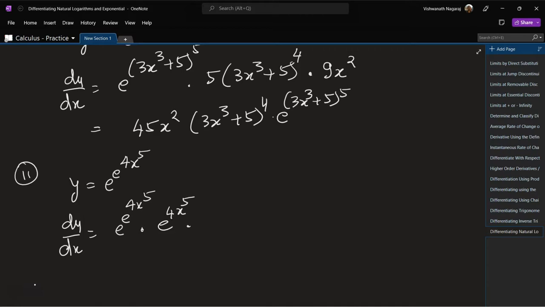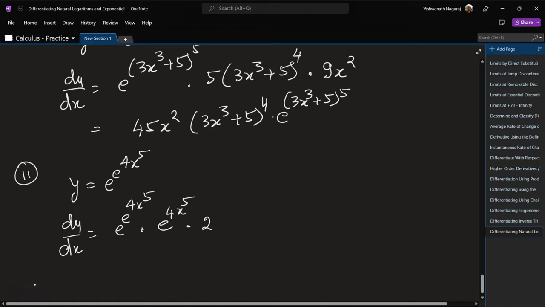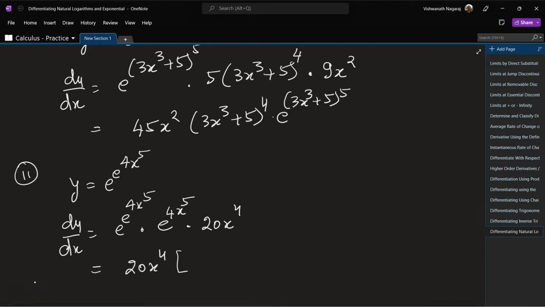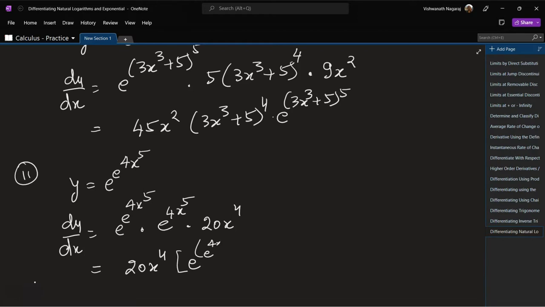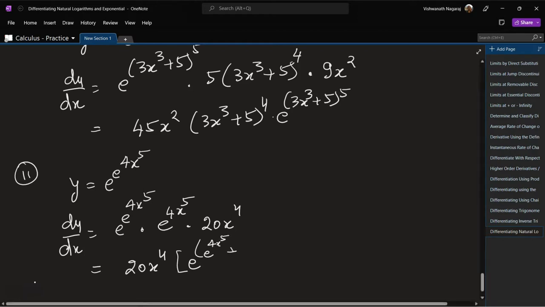Now the derivative of the exponent gives us 20x to the power of 4. So the answer is 20x to the power of 4 times e to the power of, since it is multiplication, we can add it up, so e to the power of 4x^5 plus 4x to the power of 5.